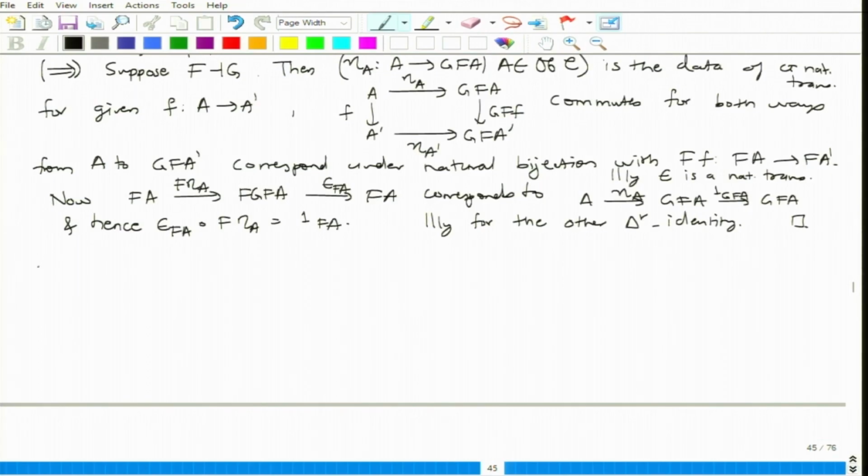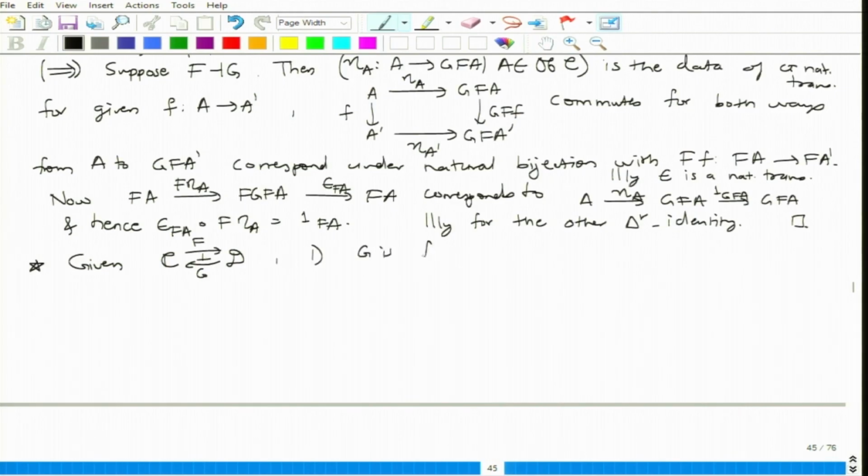Okay, so let's do one very simple result at this point. G from D to C. Maybe I should set up the problem first. So given C, D, F, G and this adjunction, there are first 2 statements.